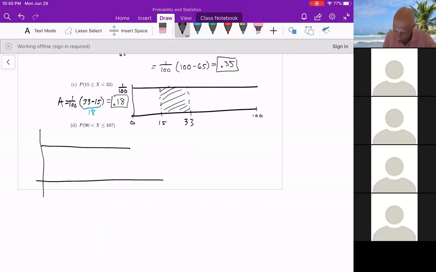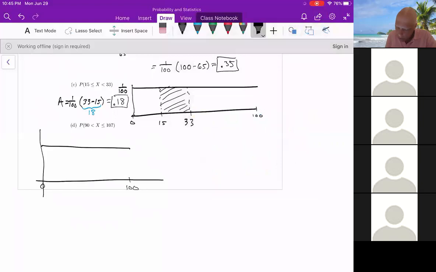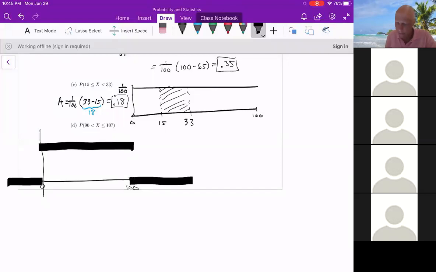So for us, the distribution, and I'll highlight it just to make it stand out. Your PDF is really like this. I tend not to emphasize the parts outside of the region, but the probability below 0 or above 100 is 0.